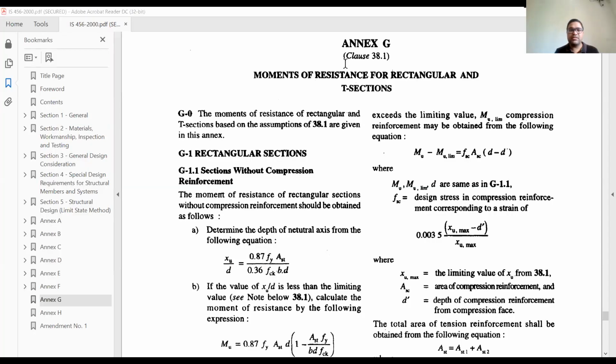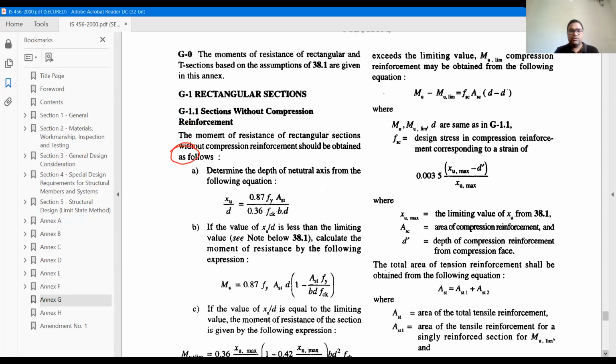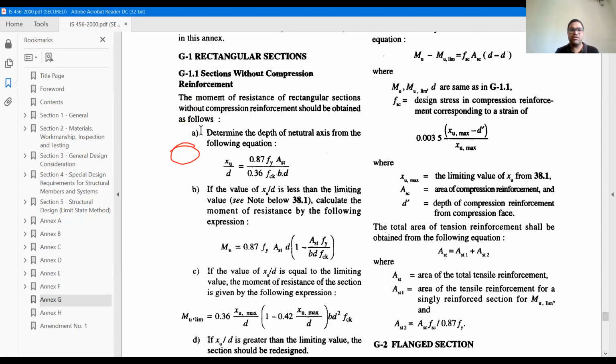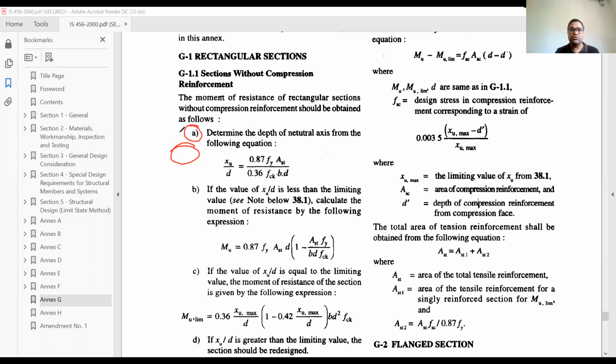Here you can see the clause that we generally use to get the relation for moment of resistance. When we use clause G1.1, we can use the formula from point A. The point A formula can be used to find the depth of neutral axis, which I explained in the previous lecture also.